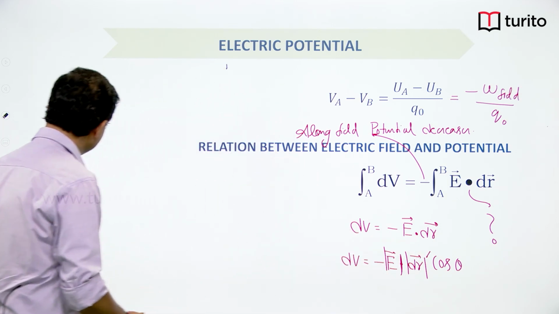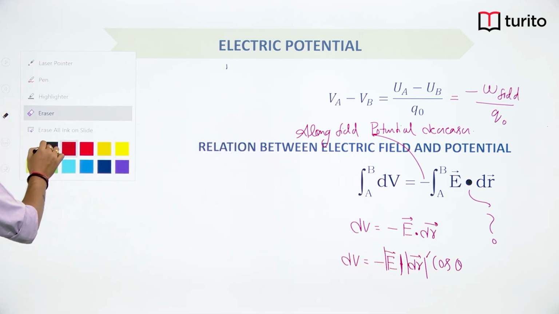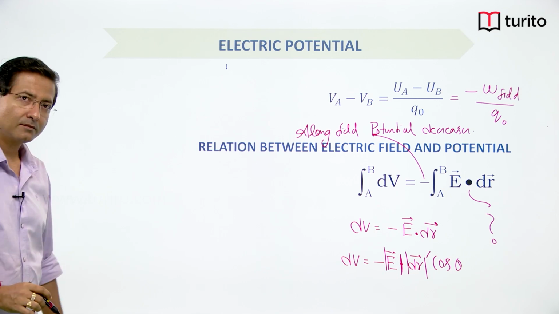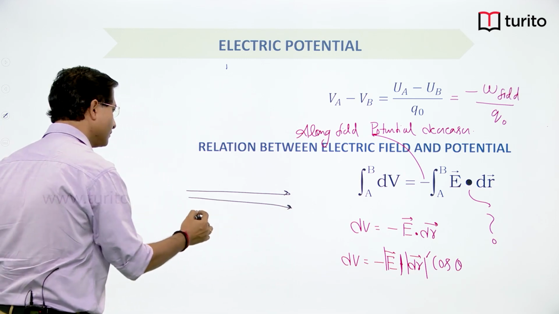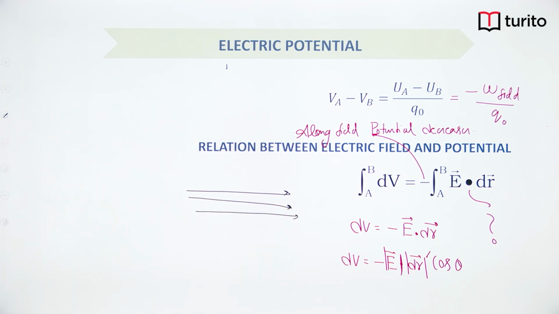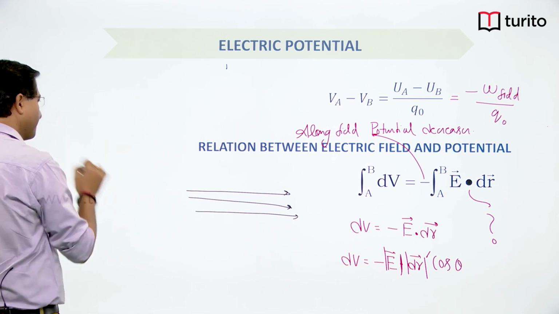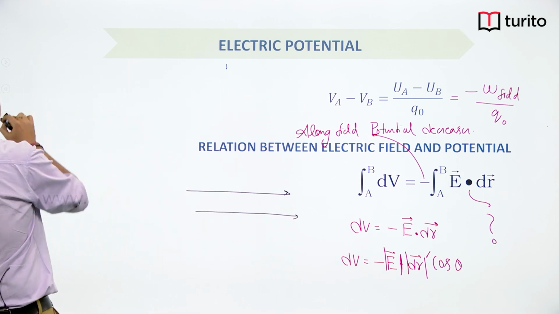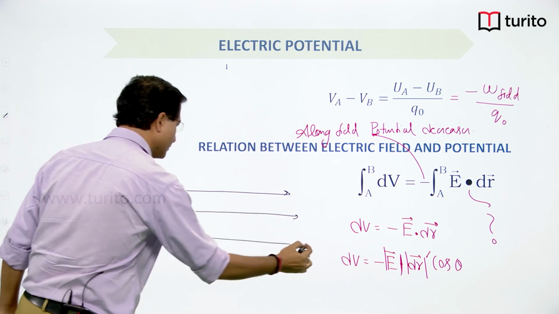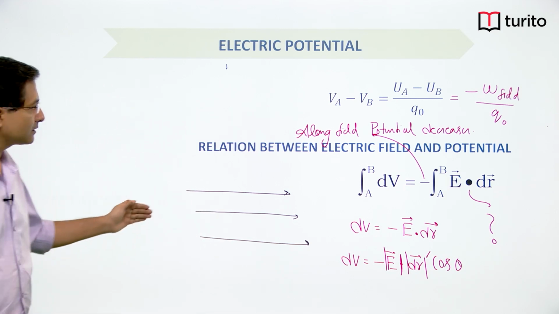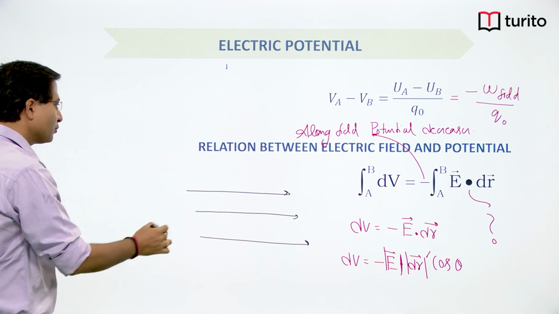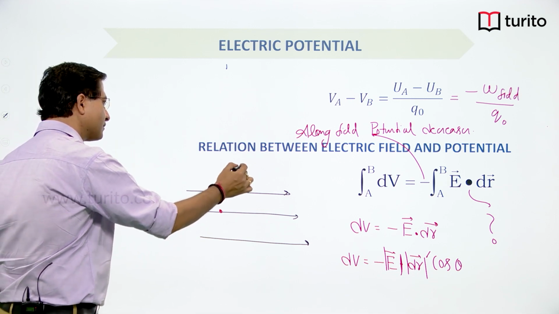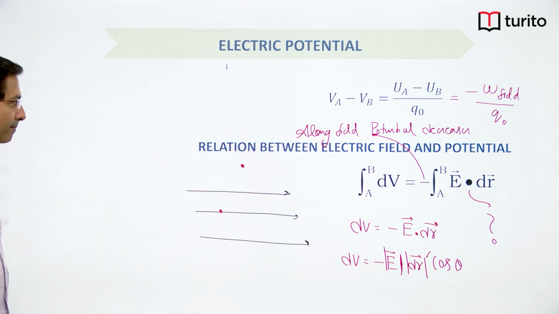Look at this. Say the field is in this direction. Just to make you understand, I am taking the simplest situation where the field is uniform, right. So, the field is in this direction and I am interested in finding the potential difference between 2 points, say somewhere here and somewhere here, right.